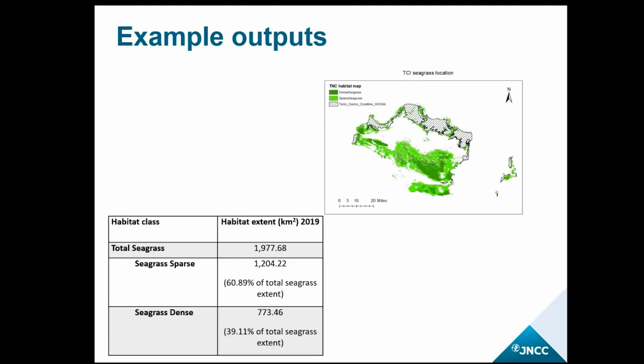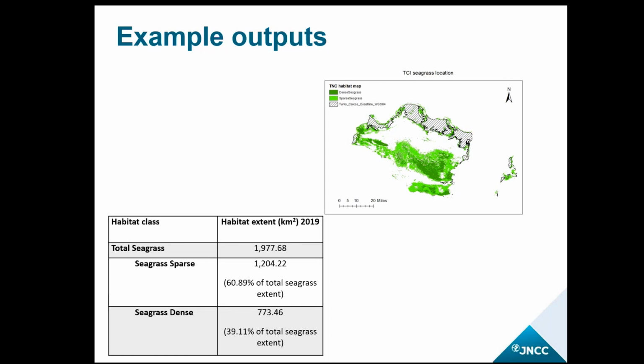So this is just some example outputs. I'm going to come on to various limitations in a minute, but this map shows dense and sparse seagrass areas, and also an area of total seagrass. This is all based on Earth observation data, although there is some ground truthing of the habitat maps, but it's regional.